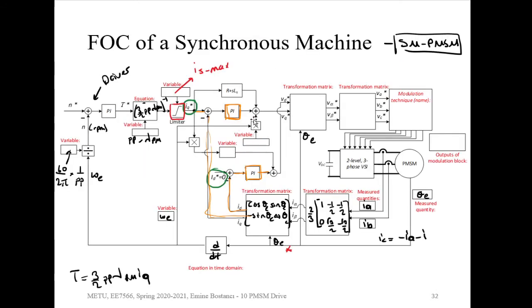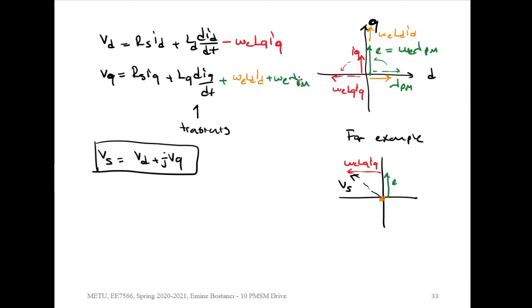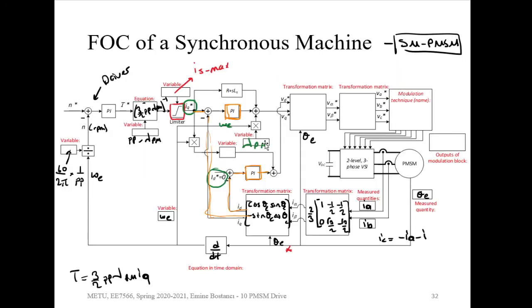And this part is going to include the induced voltage term, flux PM times omega E, which is written in green. So I'm just adding it to get some references for the VQ. So the VQ is calculated by this part plus omega E flux PM.